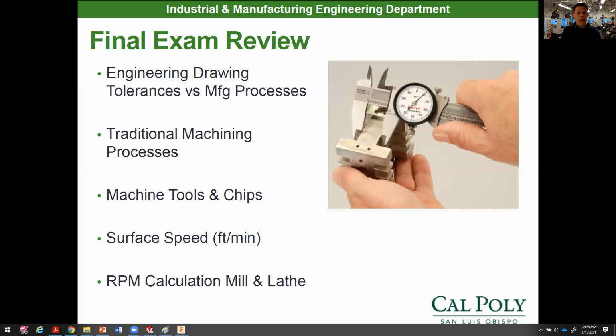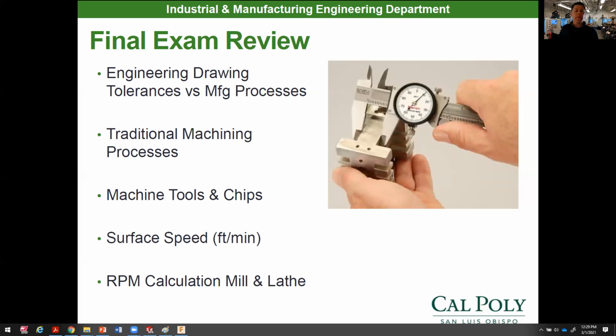Now, no matter what type of machining process we're working with, we've learned that all machining processes are done on something called machine tools. So machining is performed on machine tools. And when we're creating these machining processes, we're producing chips with shear stress.